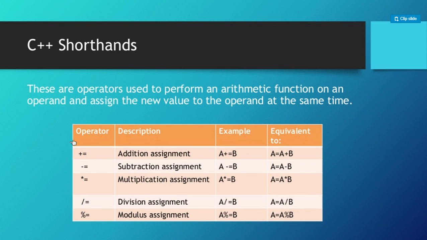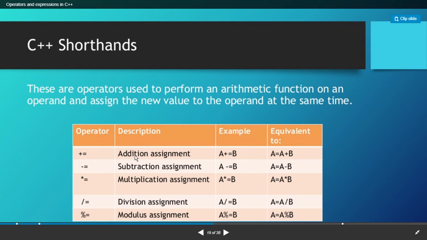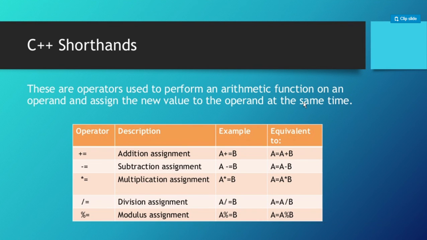These are operators like plus and equal to, which is additional assignment. For example, a plus equal to b means a is equal to a plus b. These operators perform an arithmetical function on an operand and assign the new value to the operand at the same time.